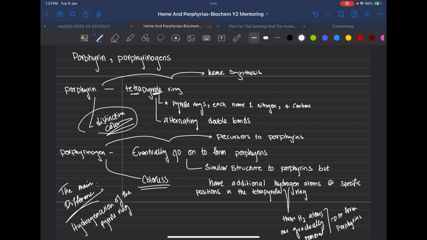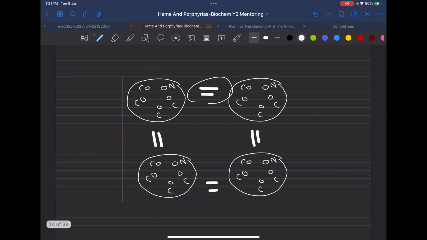Now, porphyrinogens are essentially the same structure. They have similar structures to porphyrins, but they have additional hydrogen atoms at specific positions. Now, you're not required to know exactly what these specific positions are.